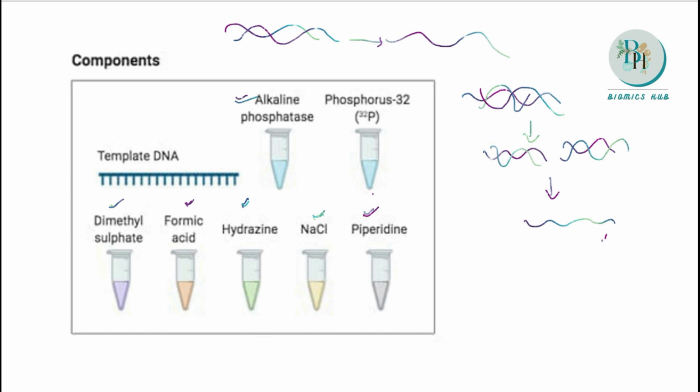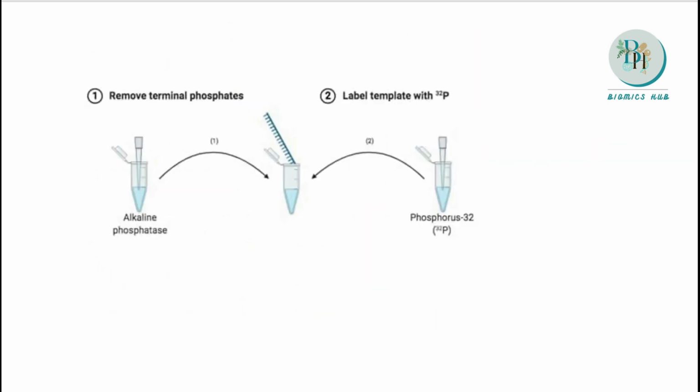Now step by step we will see how this process takes place. We already know the components required for this reaction. The next thing is how this process is done. This is the first step. As we have discussed, we need DNA. Suppose we have one DNA, and this DNA is converted into a single stranded form.